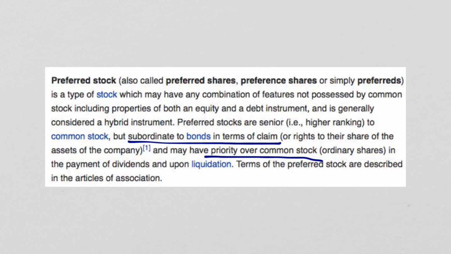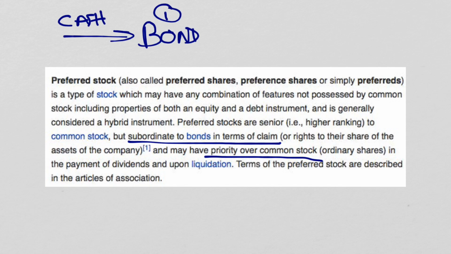And if you want to get a better idea, when it comes to creditors coming after the company, the bondholders come first, meaning that whatever money's left over after the creditors are done goes to the bondholders. If there's any money further left over, it goes to preferred stock. And last in line are the common stockholders.